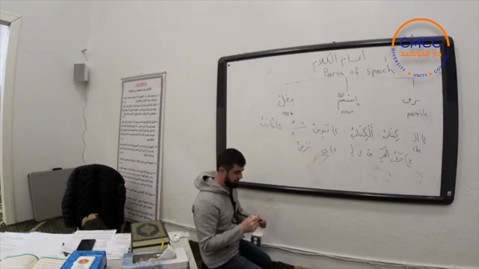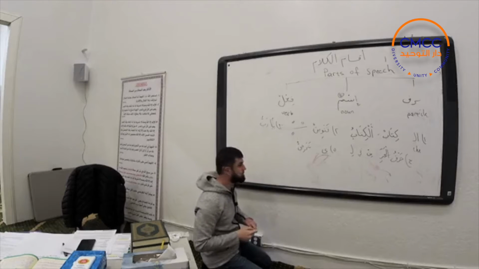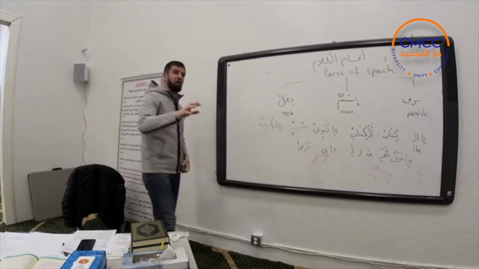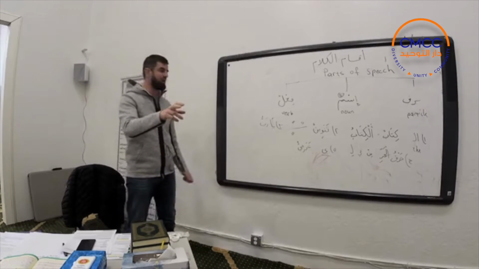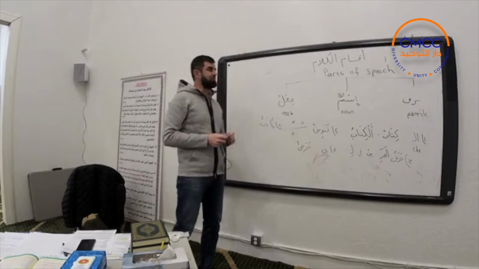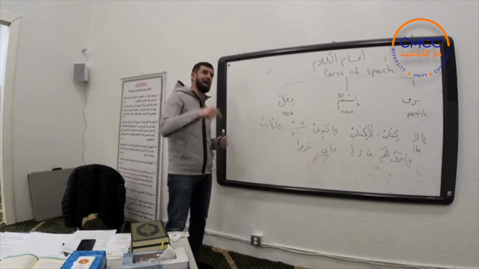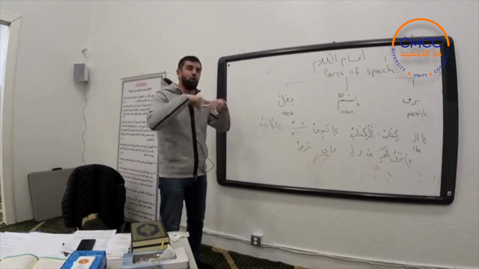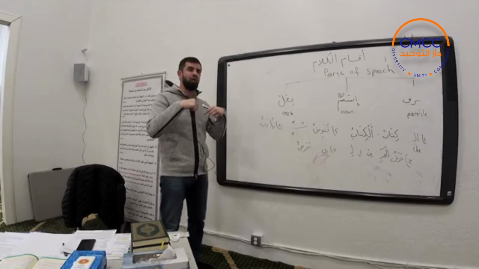Because Arabi has a shadda here, right? What if it's just like nusuki wa mahyaya? No, that one's completely different. What you mentioned right now is not ya nasabi. Nusuki wa mahyaya means the one that belongs to me.